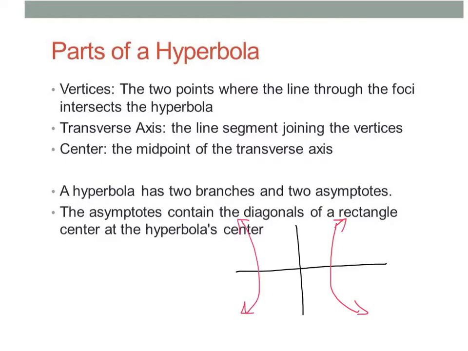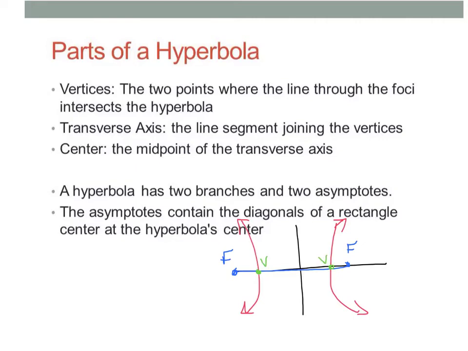And our vertices are the points where the line through the foci intersects the hyperbola. So the foci are actually out past, similar to where your focal point would be for a parabola. And if we connect those, where it crosses the hyperbola, those are our vertices. So there's my vertices.